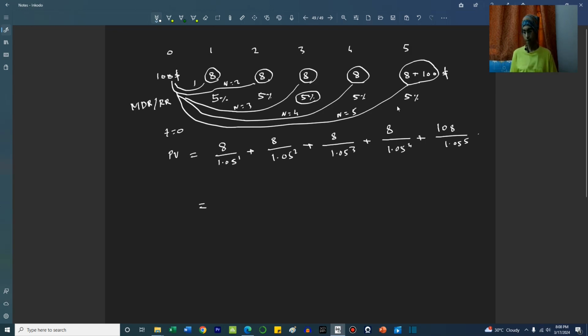We can easily find out the value, friends. 5 is the required rate, periodic payment is 8, maturity amount is 100, number of periods is 5, the present value comes to be 112.988.